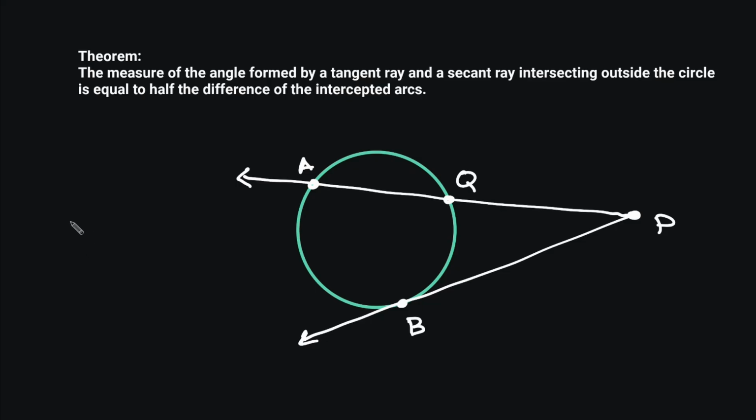All right, so what we have is that the angle P is going to be equal to half the difference of the arcs. So the measurement of arc AB minus the measurement of PQ or QB, the arc, right? So that's how you can be able to find the measurement of the angle.